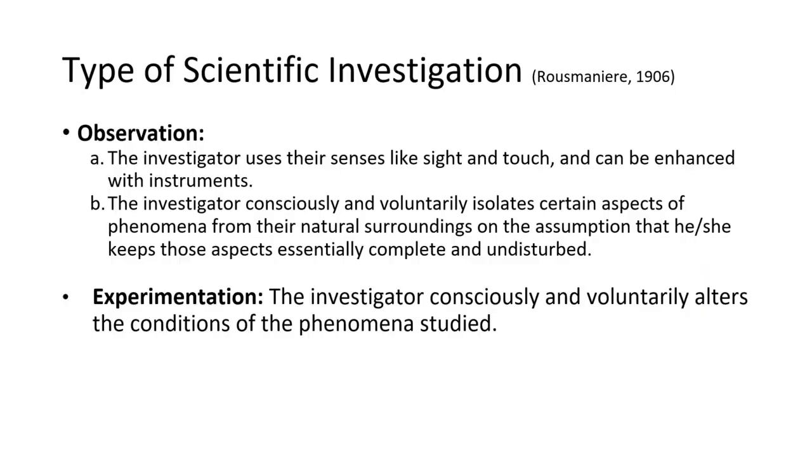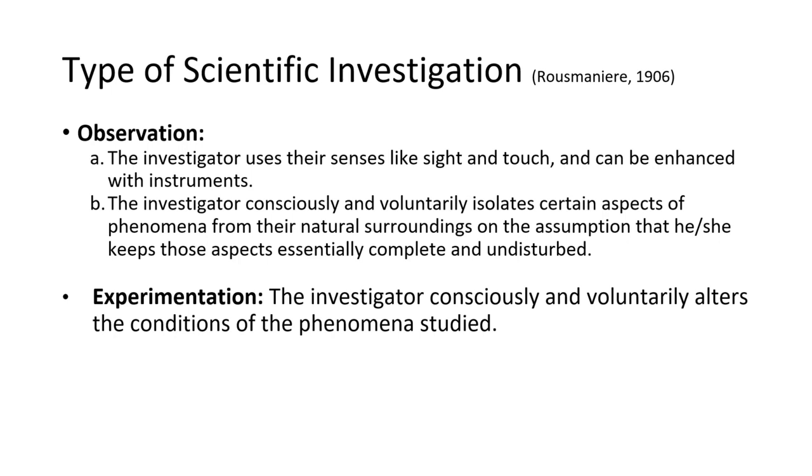Observation and experimentation are 2 words that you probably use very often in your classrooms. Both observation and experimentation are considered a way to conduct scientific investigation. There are different types of observation.